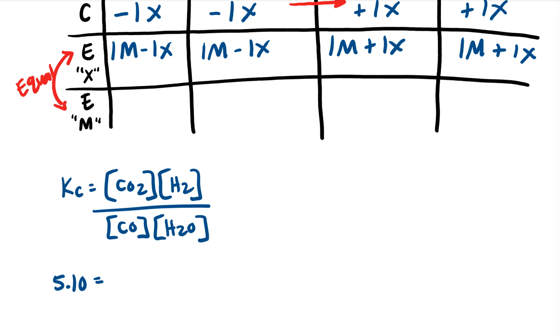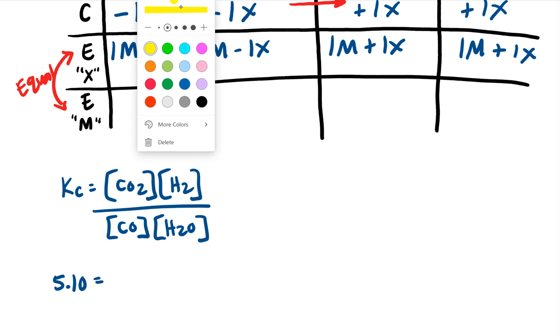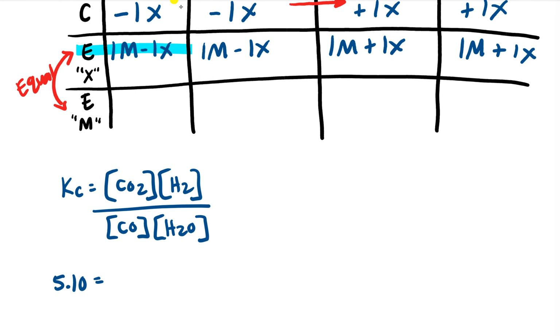And then I'm going to plug in the equilibrium concentrations of the chemical species in terms of X. So I'm grabbing the values from my ICE chart. I'm going to grab this row right here. And I'm going to sub in those molarities for each one of these chemical species.